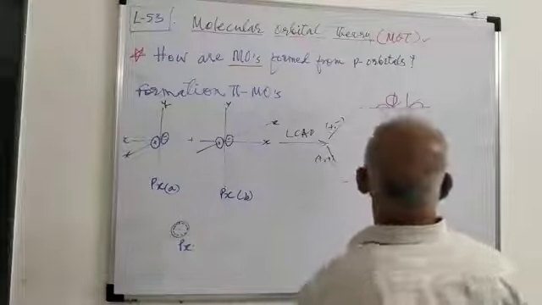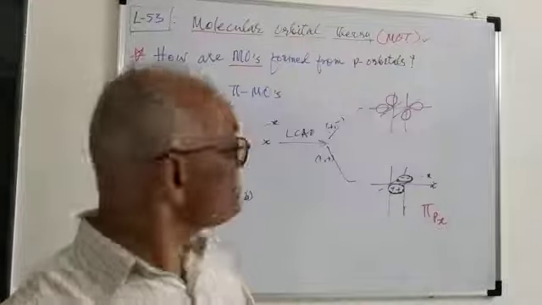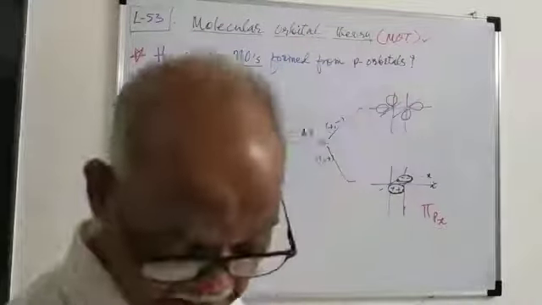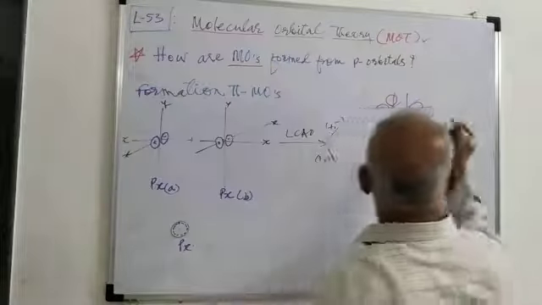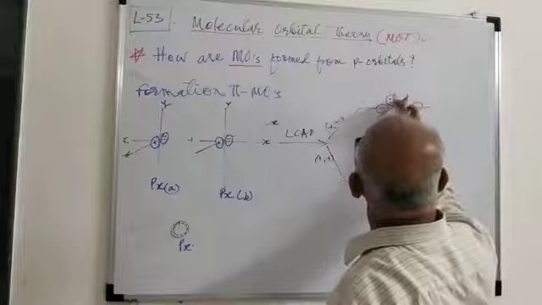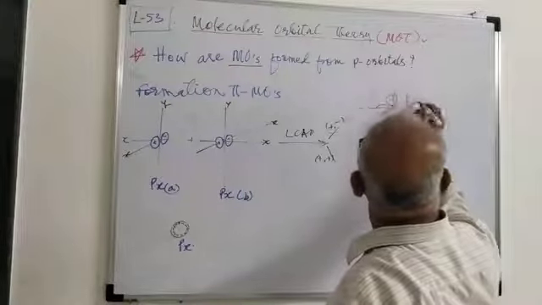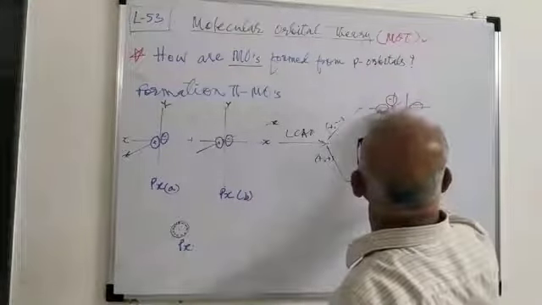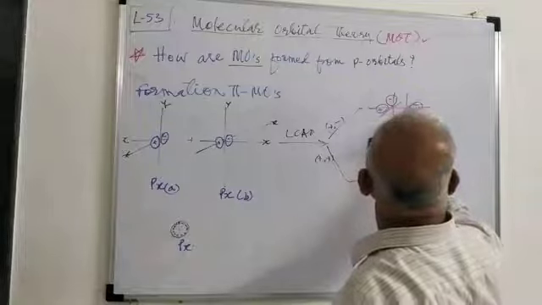So in this way, the anti-bonding effect will be observed here. Say this has minus sign of wave function, this is minus, this is plus sign of wave function.